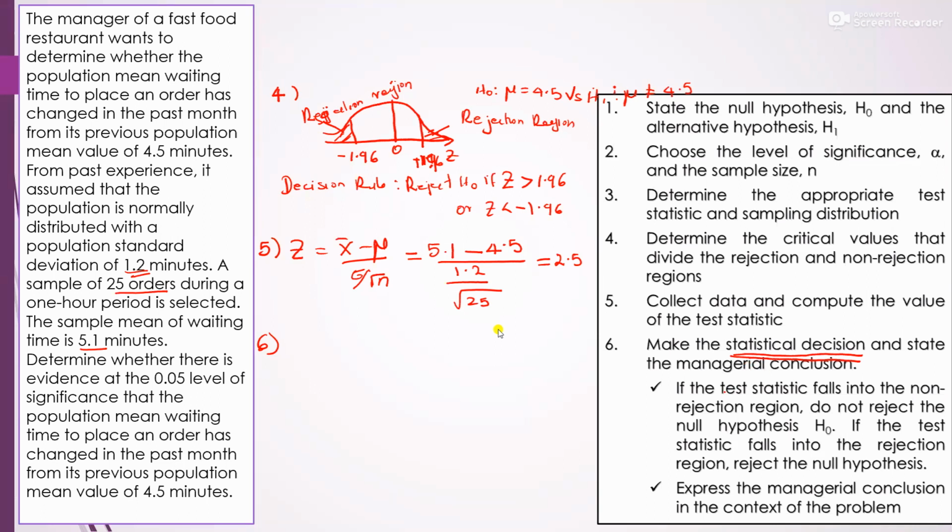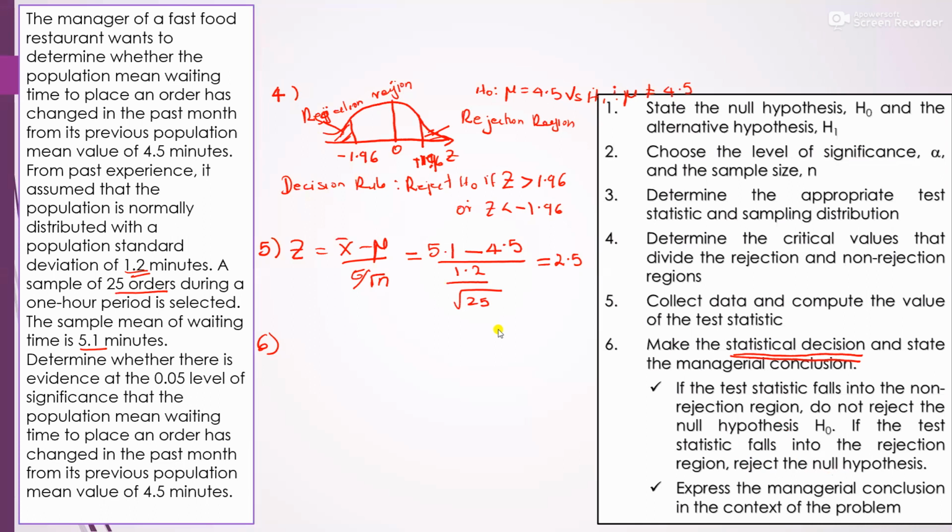If the test statistic falls into the non-rejection region, then do not reject the null hypothesis. If the test statistic falls into the rejection region, then reject the null hypothesis. This is the rule we have to follow.